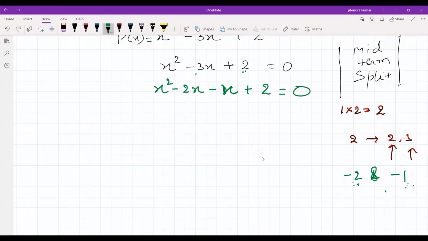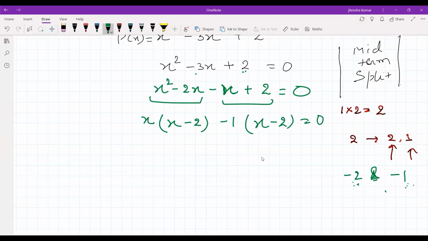So now we just have to take common from the first two terms and the last two terms. From the first two terms we can take common x. So we will have x -2 here, and from the last two terms we can take -1 as common. So we will have x -2 again. So this is (x -1) into (x -2) equal to 0.